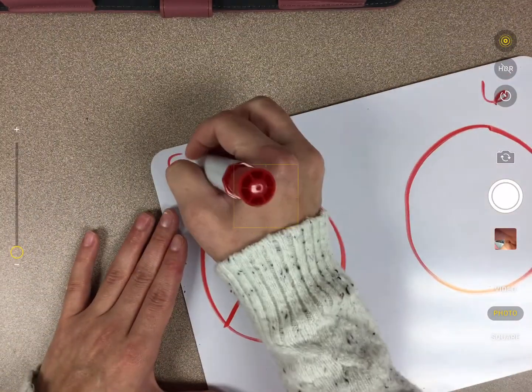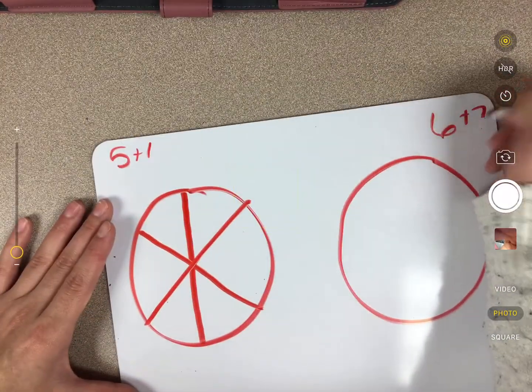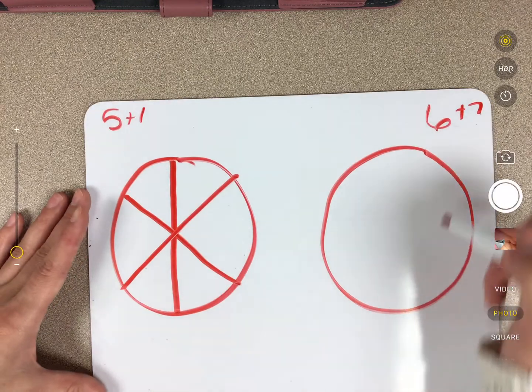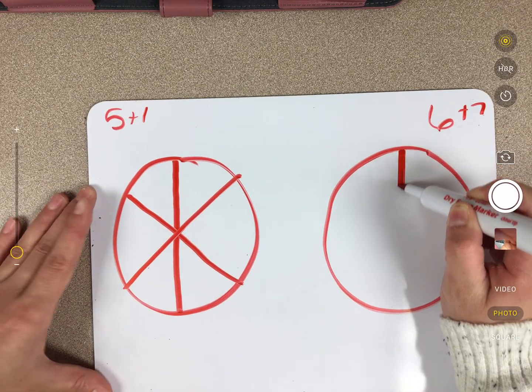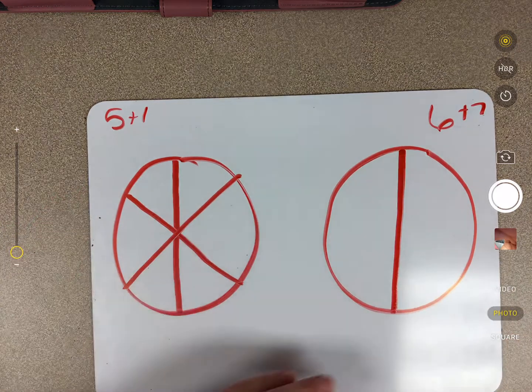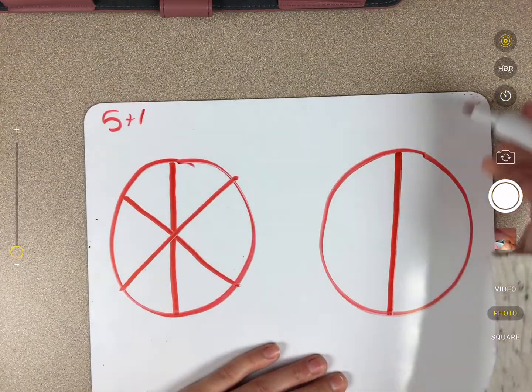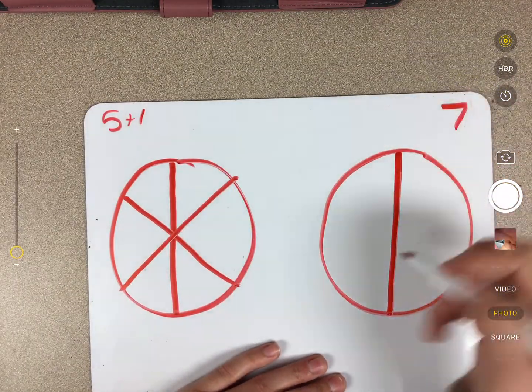If Kara joined. If she joined this one, that would mean that there were 7. So we would divide our circle into 7 pieces.